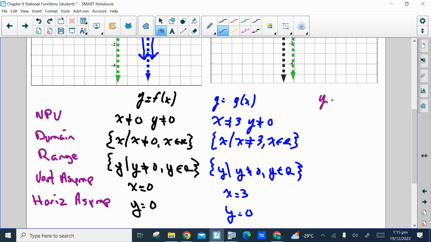So for y equals h at x, our restrictions are x cannot equal -1, y cannot equal +2, so the domain is all values of x such that x cannot equal -1.